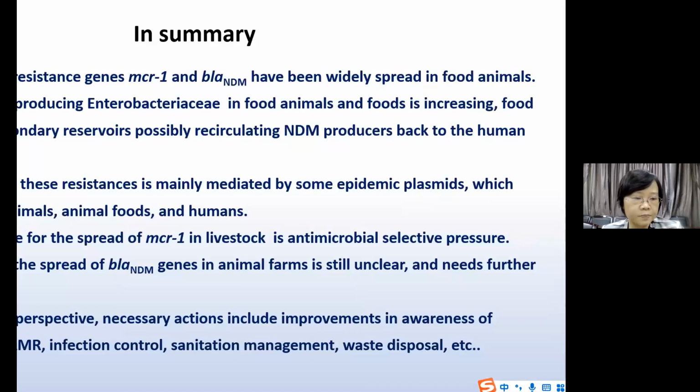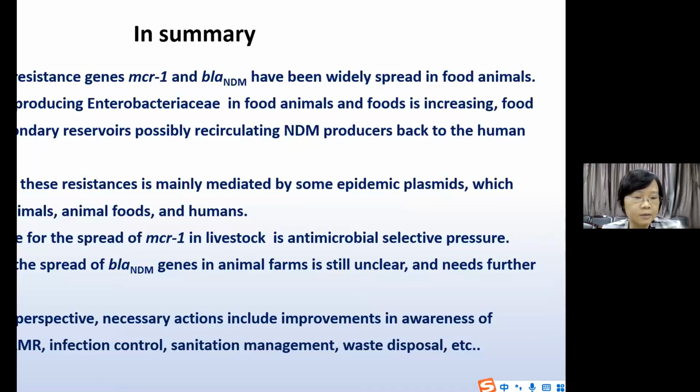So MCR-1 and NDM have been widely spread in food animals. NDM-producing enterobacteria is growing. This is due to colistin use for MCR-1, but we're not sure about the NDM spreading.